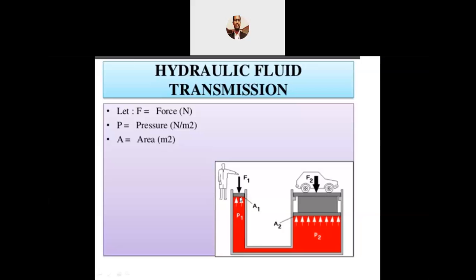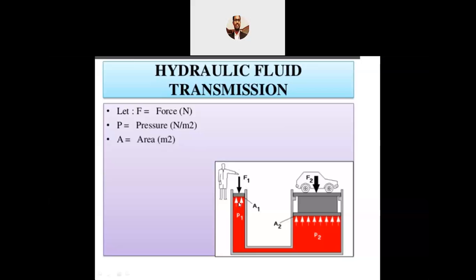My dear friends, take for example, if you are applying force at this point or this point or at any point, if you apply 10 newtons, the same 10 newtons of force is transmitted completely. That is what I said, undiminished. Undiminished means whatever amount of force you are applying, the same amount will be transmitted.